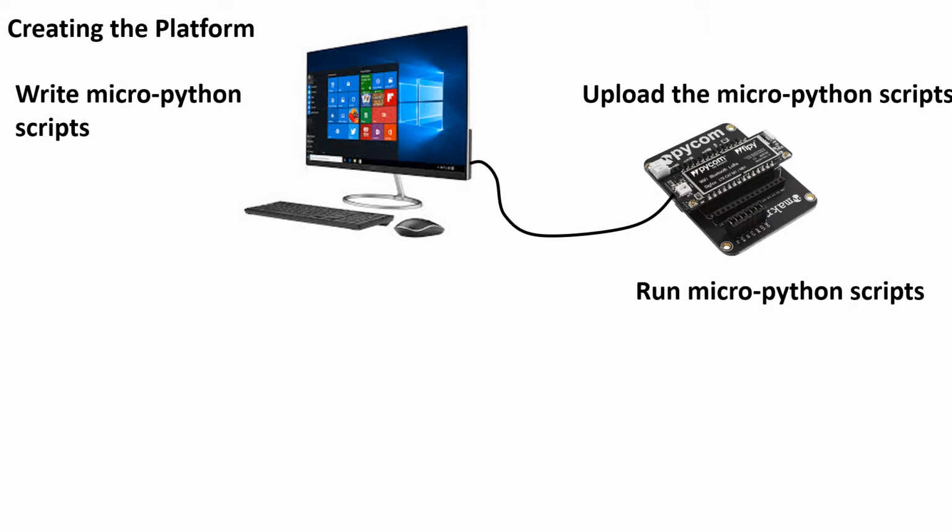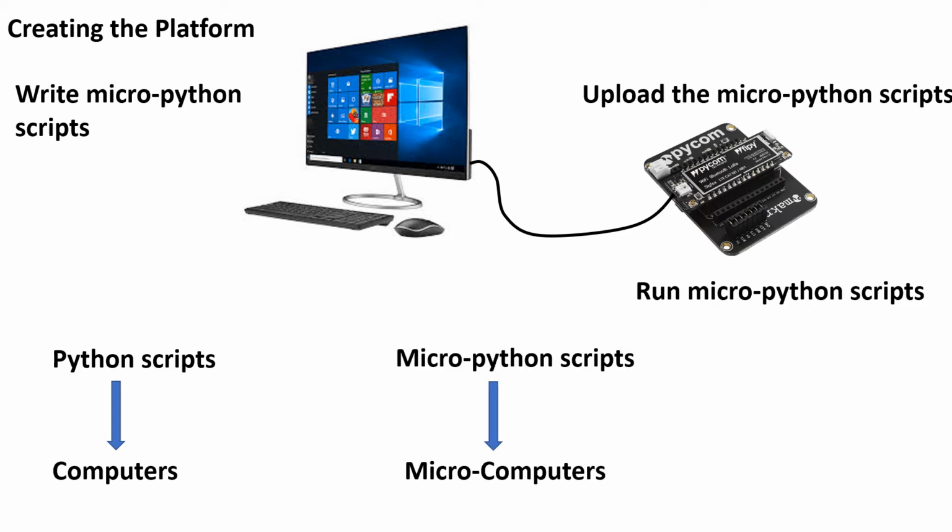We program the scripts to ensure that they continue running even after we disconnect the microcontroller from the computer, provided the microcontroller is powered using different sources of power, which we will discuss later. Remember, Python scripts are executed in a computer, while MicroPython scripts are executed in a microcontroller.